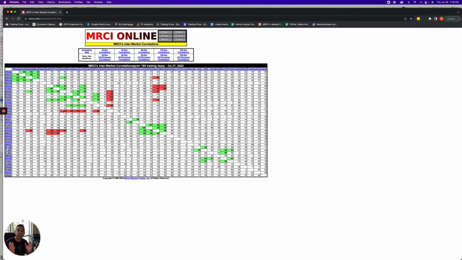What that means is that if the dollar is going up, there's a 94% chance that these four assets will go down, right? 100% chance if the euro right now is going down in the last 180 days.